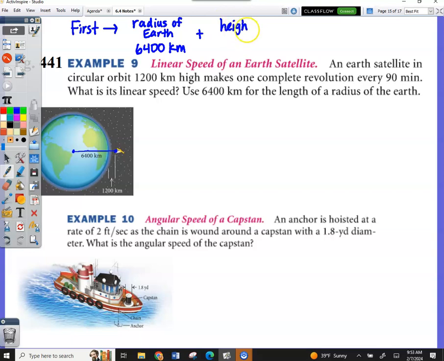I'm going to label it so you know where it's coming from. When you're working with stuff that's unfamiliar, be more detailed along the way, and it makes it easier to understand. So the height of the satellite is 1,200 kilometers. Do a quick check to make sure we have the same unit of measurement, and we get 7,600 kilometers for what variable? Well, you just described the R. Radius, yeah. So this is R.